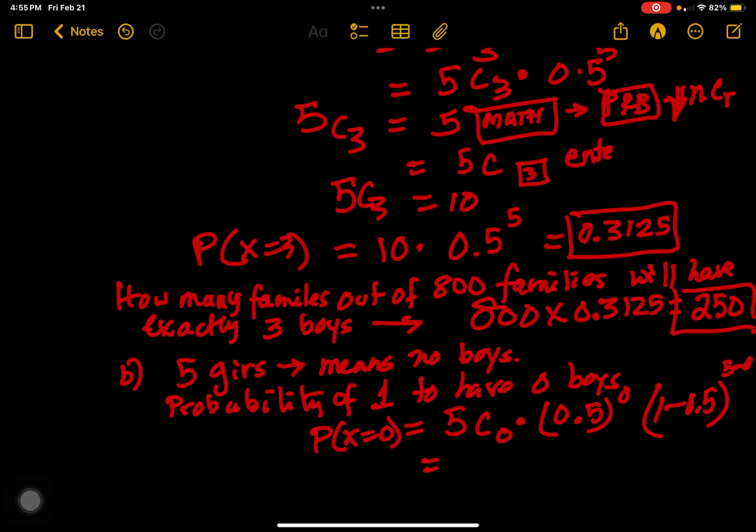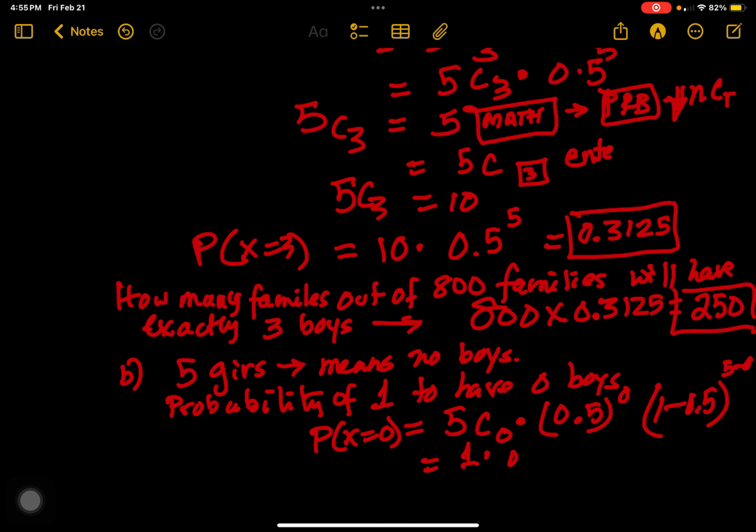I'm using my calculator to calculate 5C0. So 5, then math, highlight PRB on the top row, scroll down to nCr, hit enter. At the bottom, press 0, enter. This is 1. There is only one way you can do that.